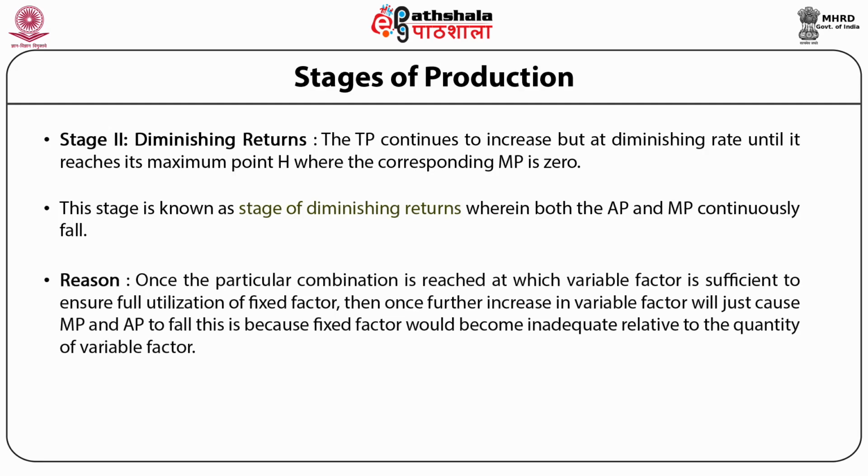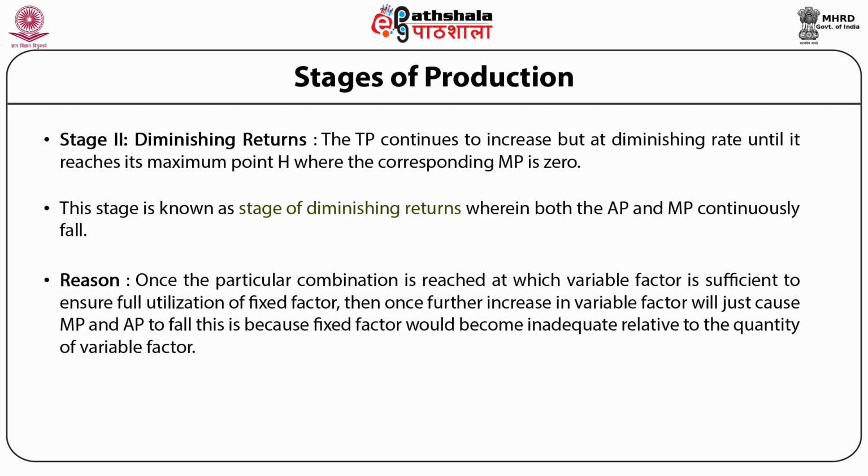Reasons: once the particular combination is reached at which the variable factor is sufficient to ensure full utilization of the fixed factor, any further increase in variable factor will just cause MP and AP to fall.